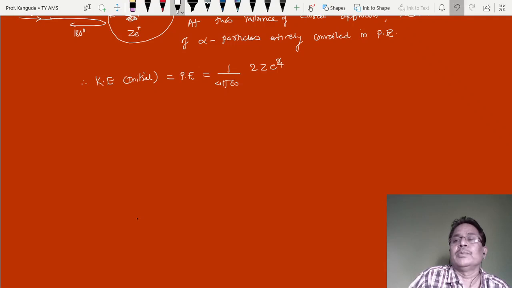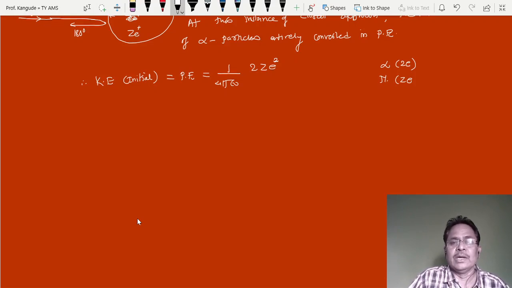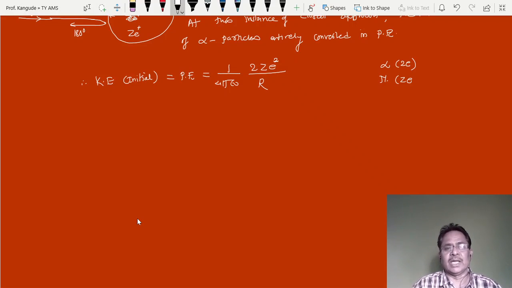Because here the alpha particle has charge twice e and the nucleus has charge Z times e, the product of this is 2Ze squared, divided by this closest approach distance r. So try to understand, all its kinetic energy gets converted to potential energy for a very small fraction of a second, where it is completely stopped and reflected back. This potential energy and kinetic energy can be equated, and I get this relation.